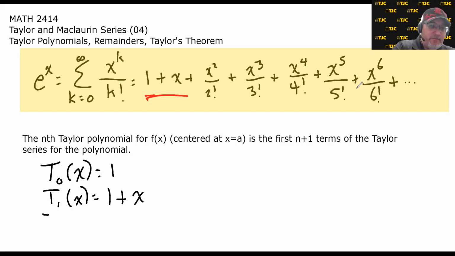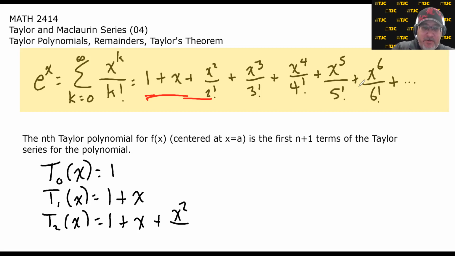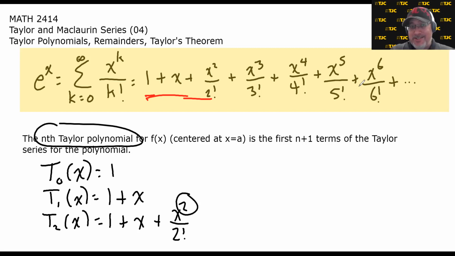What's our second one? Well, we would go out to 2 plus 1 terms, which means 3 terms. So it would be 1 plus x plus x squared over 2 factorial. So why do we go out to n plus 1 terms? Well, that's easy. Because the degree of the polynomial matches the index n. So the second Taylor polynomial goes out to x squared.